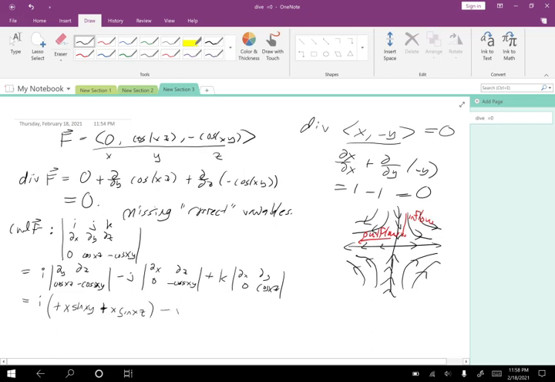And let's do the next term. This is minus j, and then we'll pick up another plus sign. So plus y sine xy minus 0. And then finally for that last term, we'll have this from a minus sign. So minus z sine xz.